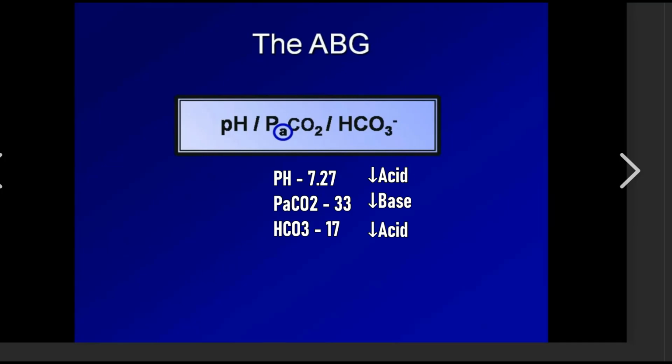When carbon dioxide drops, it is base. When bicarb drops, it is acid. So you got the answer, acid. It's metabolic, not CO2. So it's metabolic acidosis. All three values are not normal, so it's partially compensated.